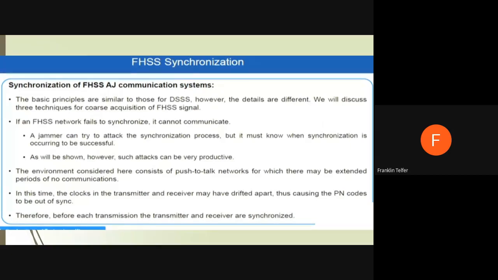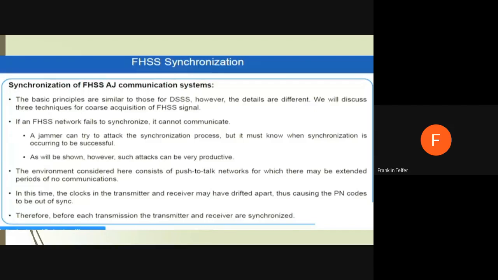So it should be avoided. Such attacks can be very productive for the attacker, and they are very much a threat to the communication channel. The process of synchronization is important mostly in FHSS as well as DSSS.